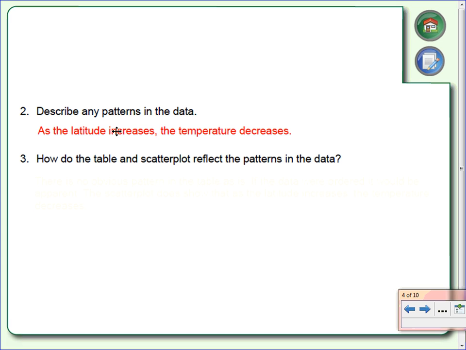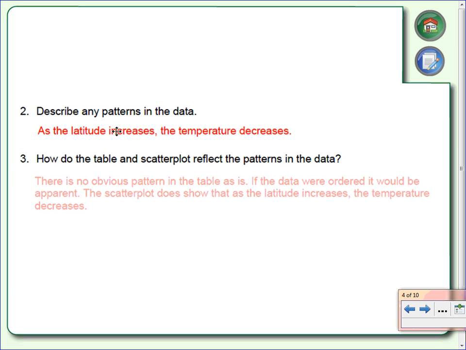Number three, they want to know how do the table and the scatter plot reflect this in the data. In other words, how do we see this decrease? All right, the scatter plot shows as the latitude increases, the temperature decreases. You can see that in our graph.